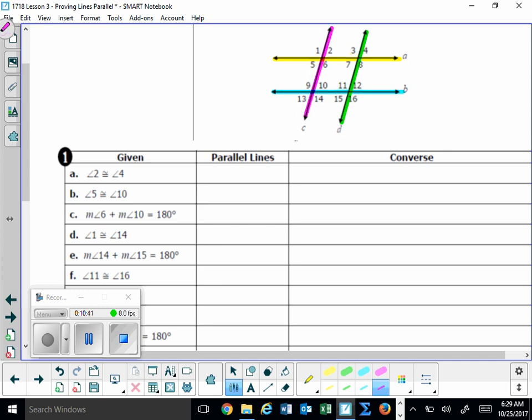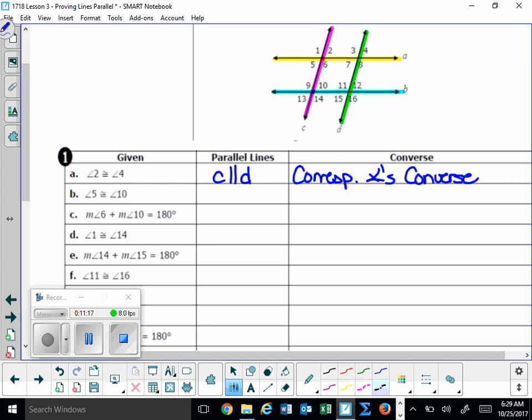Okay, 2 and 4 are both on the yellow transversal, transversal A. 2 and 4 are corresponding. So yes, C would be parallel to D, corresponding angles converse. 5 and 10. 5 and 10 are on the purple transversal, line C. If 5 is congruent to 10, they're alternate interior.